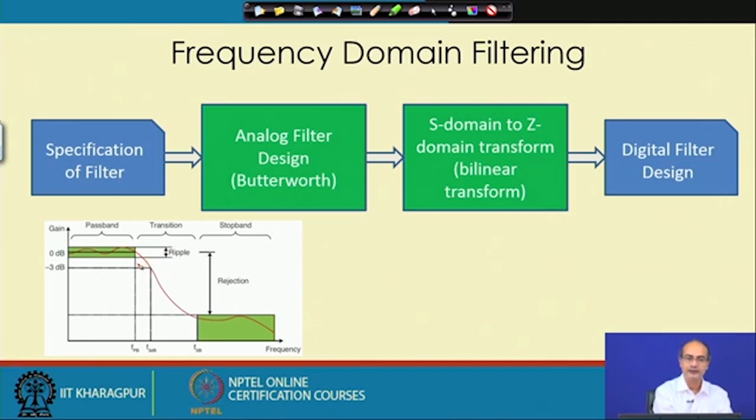That is another parameter that comes, and if we want to go further, people may specify how sharp the transition would be. That is given by the transition band. The sharper the transition we need, the smaller the transition band should be.